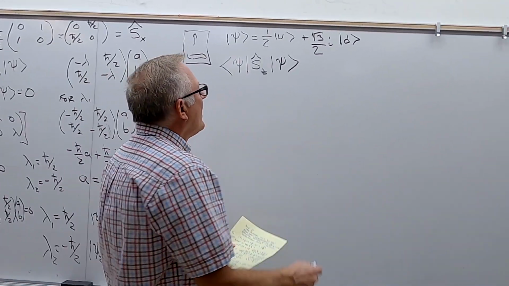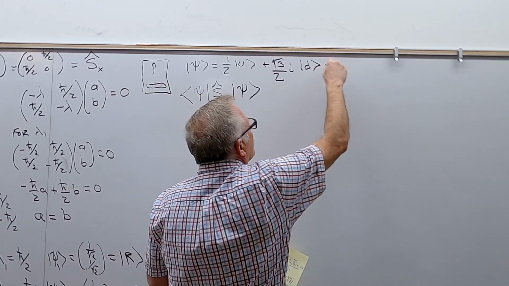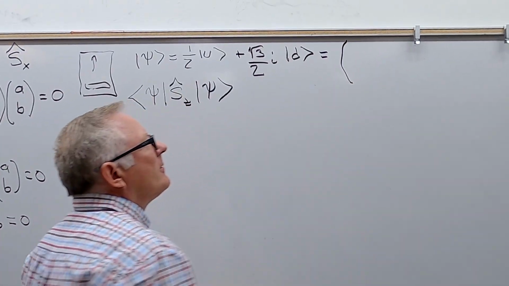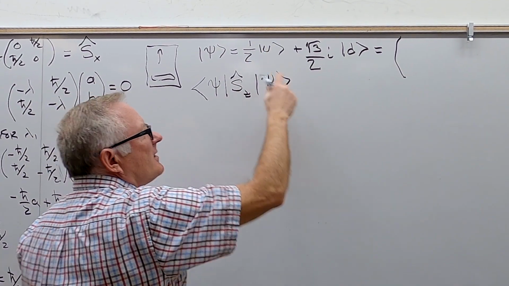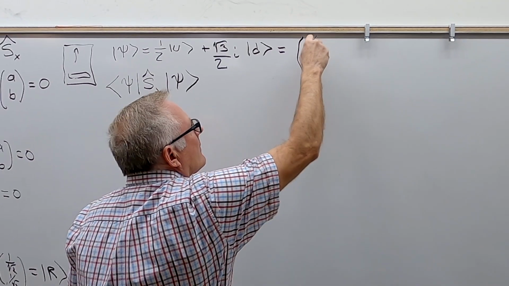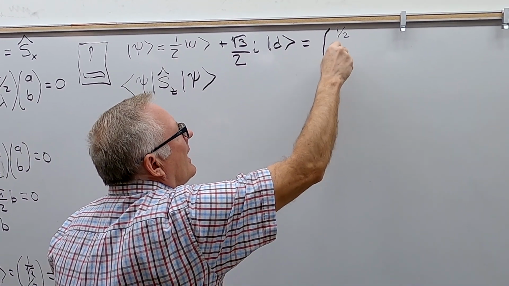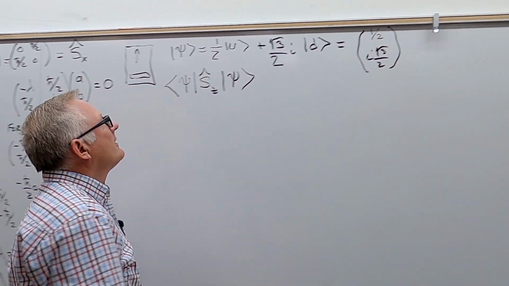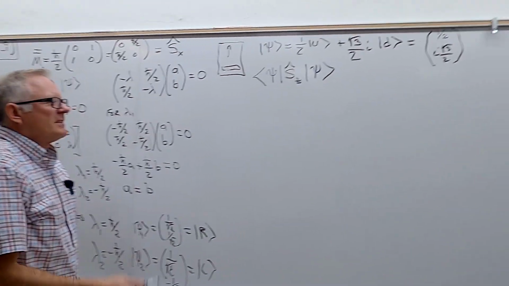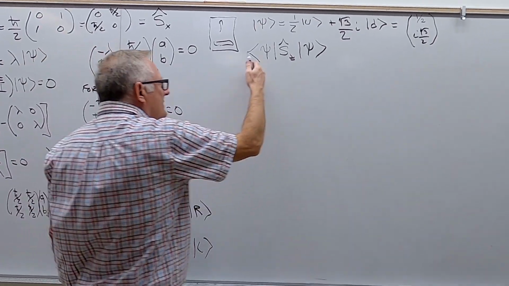So if we do this in terms of columns of numbers, if I write this as a column of numbers, remember this is really a half times 1 0, so that's 1/2. And this one down here would be i square root 3 over 2. So there is what your psi is if you want to write it as a column of numbers. Okay, so then let's do this.